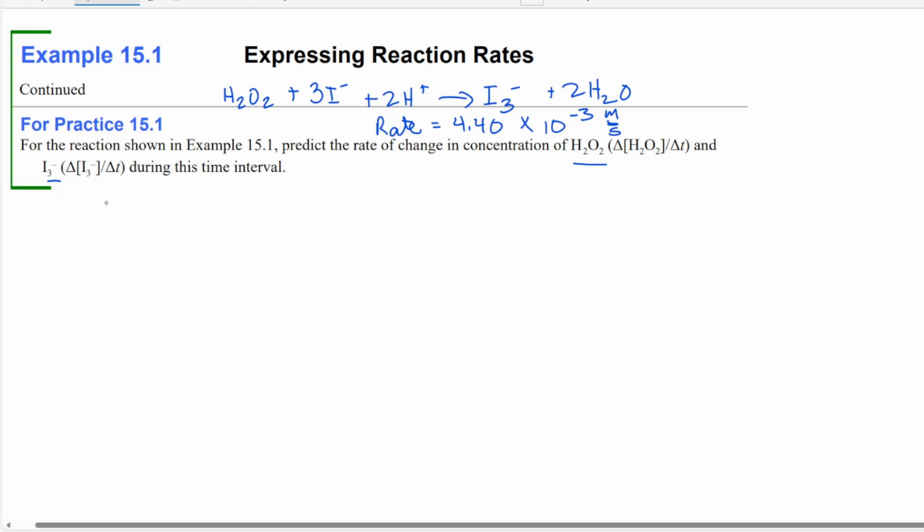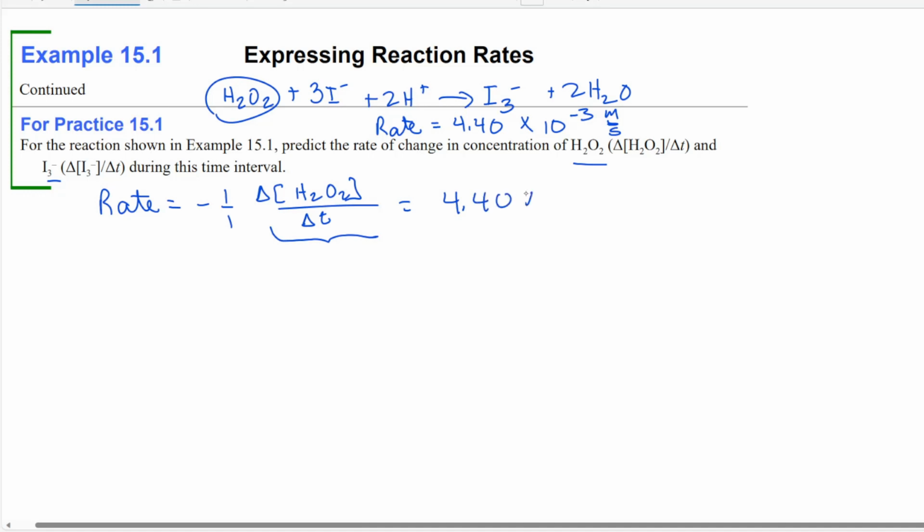So for hydrogen peroxide, we see that the rate is equal to negative, and the coefficient here is just 1. So negative 1 over 1 times the change in concentration of H2O2 over Δt, which is what we're looking for. And that's equal to the rate, which was previously calculated as 4.40 × 10⁻³ molar per second.